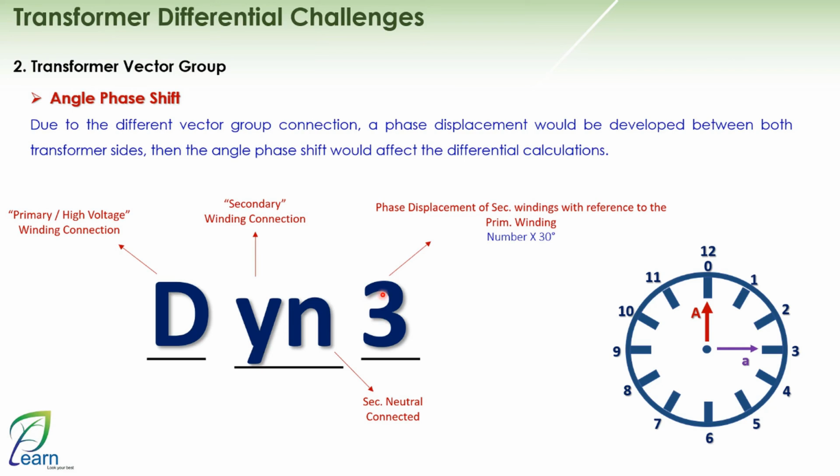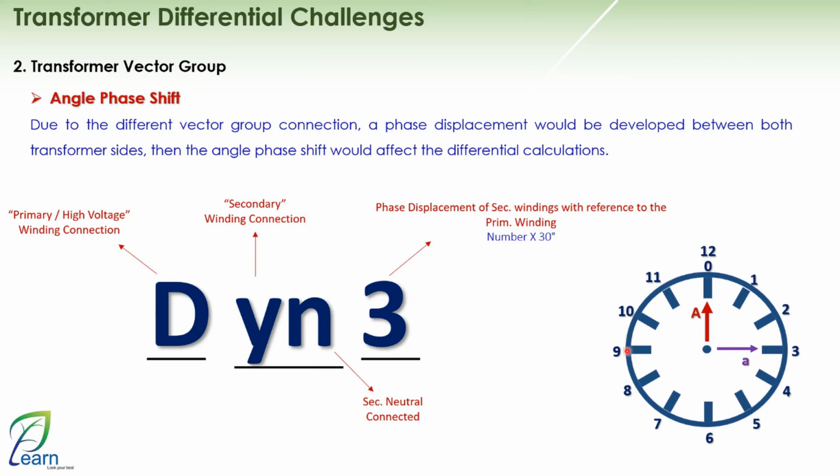Additionally, there is a number here, and this number represents the phase displacement of the secondary winding with reference to the primary windings. Usually this number is multiplied by an angle of 30 degrees, so 3 times 30 equals 90 degrees, meaning that the star side leads the delta side by 90 degrees.